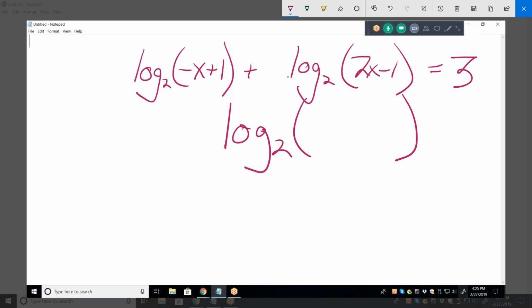Right, which means you're going to do what with their arguments? Multiply? Yeah. So I'm multiplying minus x plus 1 times 2x minus 1. All that's equal to 3. Now, I still have work to do. I've got to FOIL those two things.